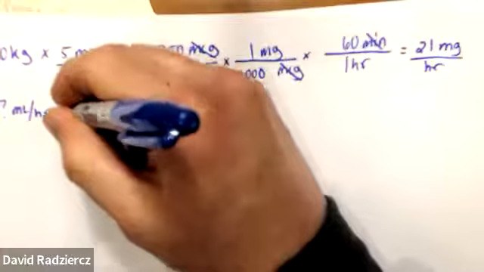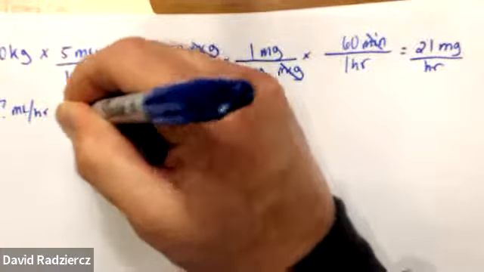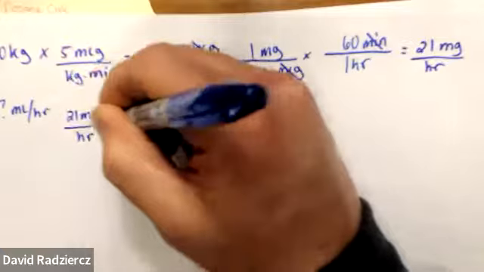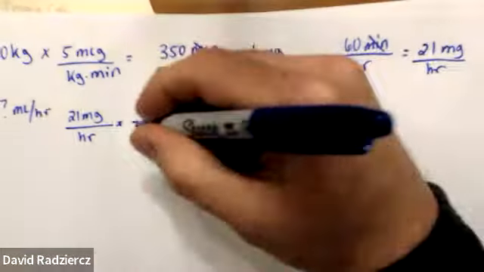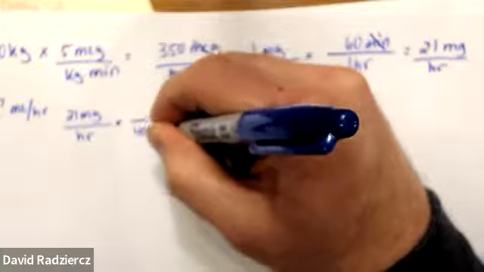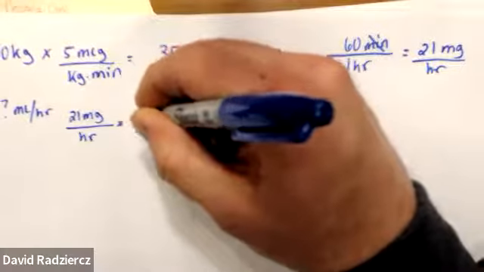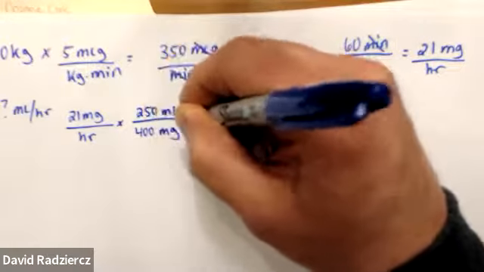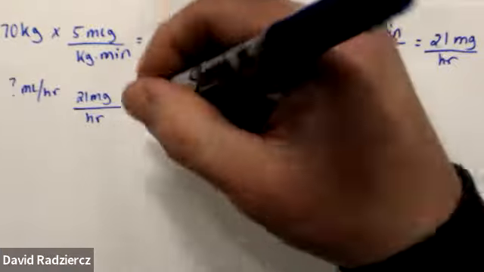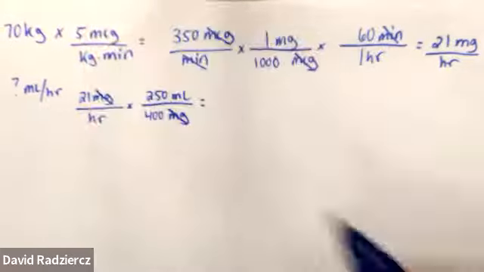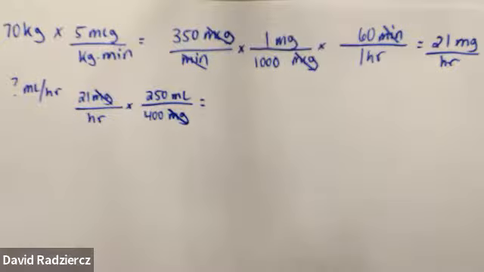Now that I have the 21 milligrams per hour, I can relate that to the 400 milligrams in the 250 ml. So I don't want milligrams, I do want milliliters. And before I even do any extra math, I'm already in the right units.